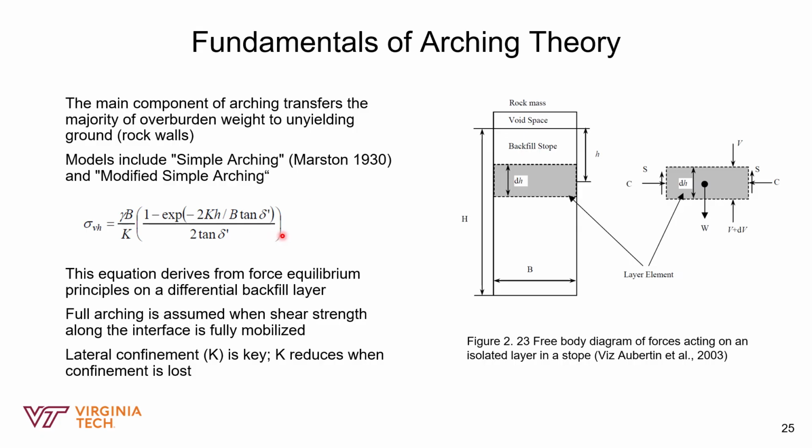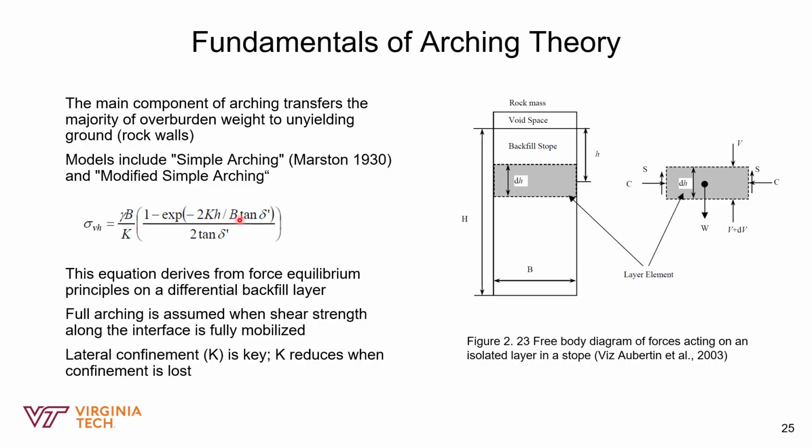So this equation shows that the vertical stress, sigma Vh, is related to the initial density gamma, but is rapidly reduced because of the exponent, based on the geometry B and the material's ability to transfer load.